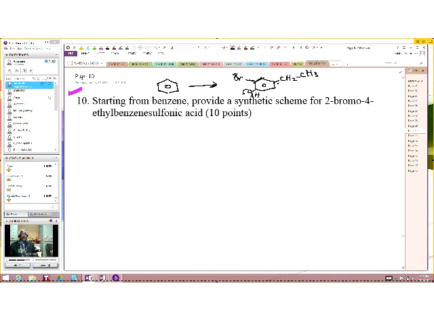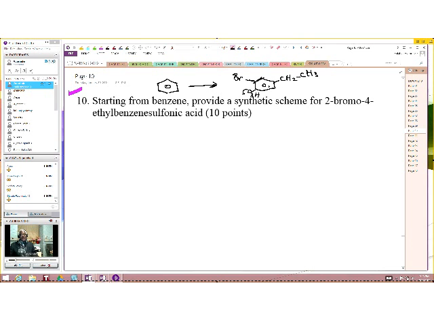Let us take a look at this very carefully. Look at what we need to make here. An ethyl group, which is an ortho-para director, and a bromine, which is an ortho-para director. So this is going to be very difficult, having to make this here in which you have ortho-para director, ortho-para director.